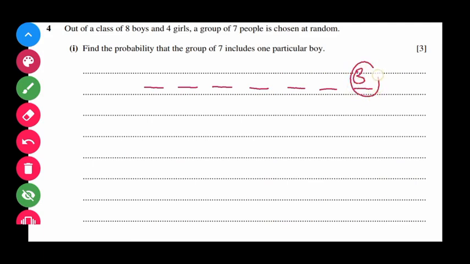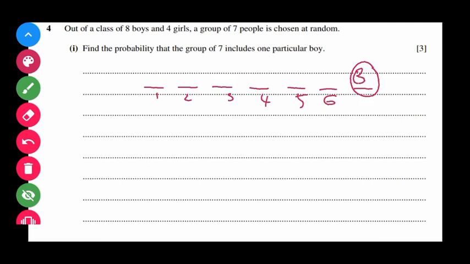That means he is already selected for the group. That means you no need to worry about that place. So now how many places are remaining? We have 1, 2, 3, 4, 5 and 6. So there are 6 places remaining, and totally we are having 8 boys and 4 girls. That means there were 12 students.